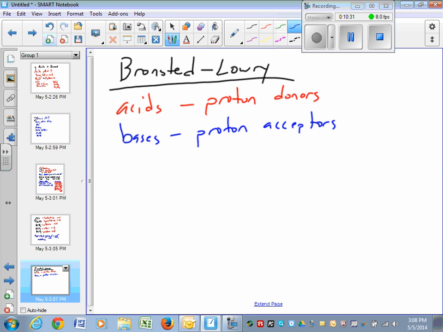And something that they added in is that every acid has a conjugate base, and every base has a conjugate acid. Because an acid, by giving up a proton, turns into a base, something that can take in a proton. So an example would be dissolving ammonia in water.